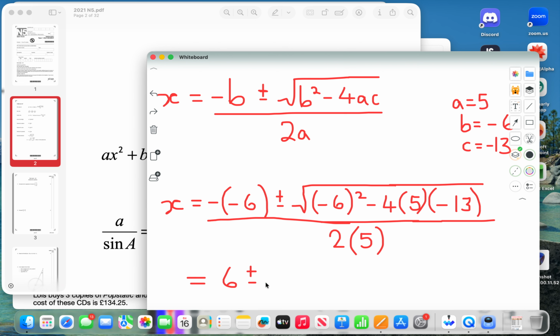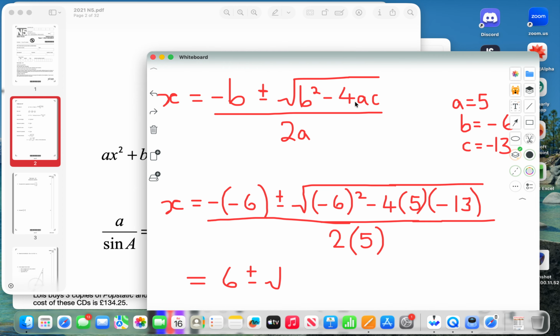We're going to evaluate the discriminant. The discriminant being this b squared minus 4ac part. So -6 squared is 36. 4 times 5 is 20, times 13 is 260. 2 negatives make a positive, 260.